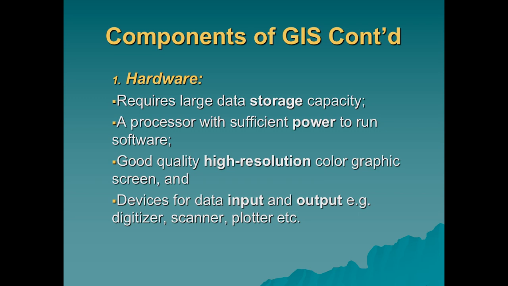It consumes a large amount of storage space and processing power. You want to make sure that you have a good quality, high resolution color graphic screen, and you have devices for input of the data, such as your keyboard, scanner. For output, you would have your plotter, printers, etc.